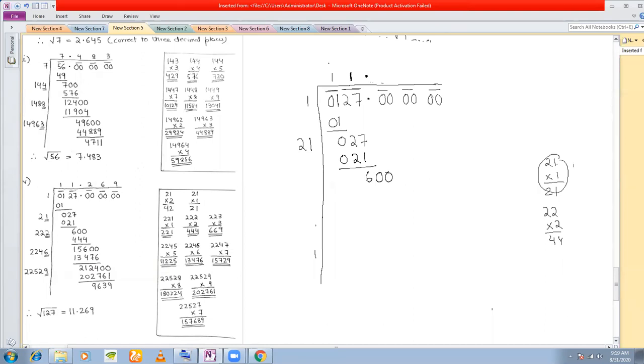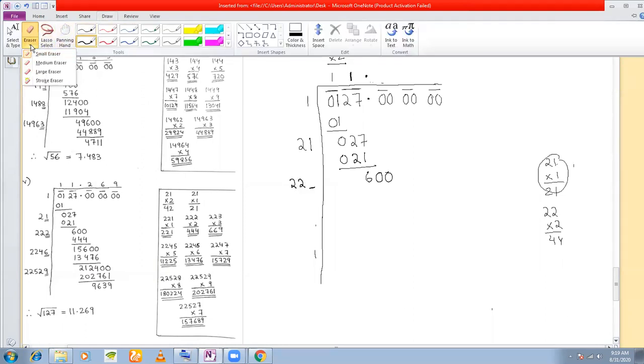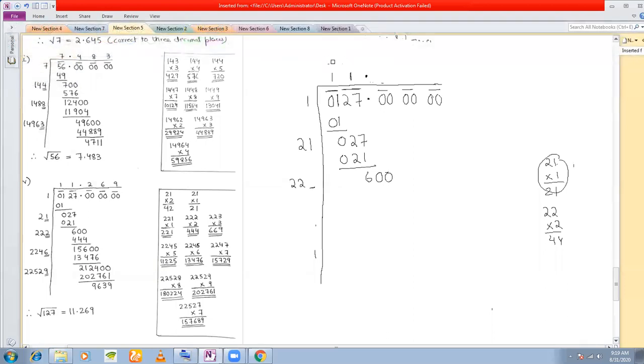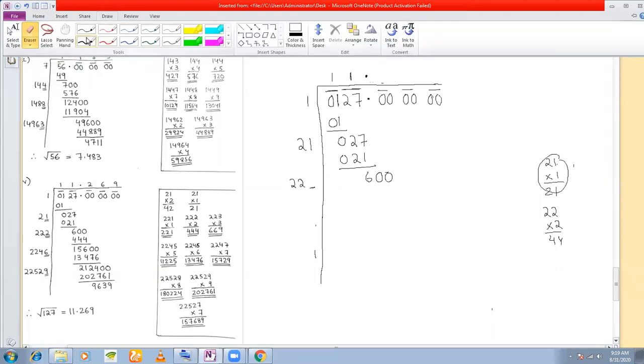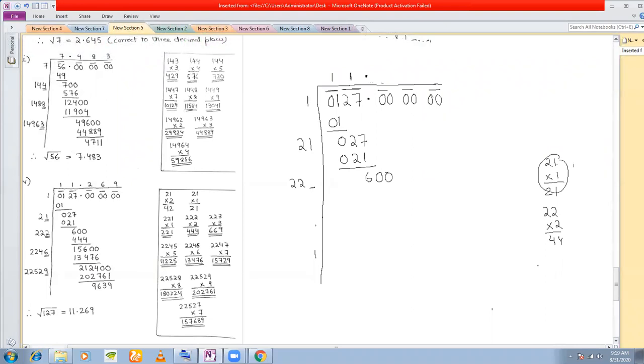Now 11 we have got. We double this 11 that we have got here. Okay, so 11 into 2 will give you 22. Now you want to place a digit here. Again, try to approximate it. You've got a 600 here.